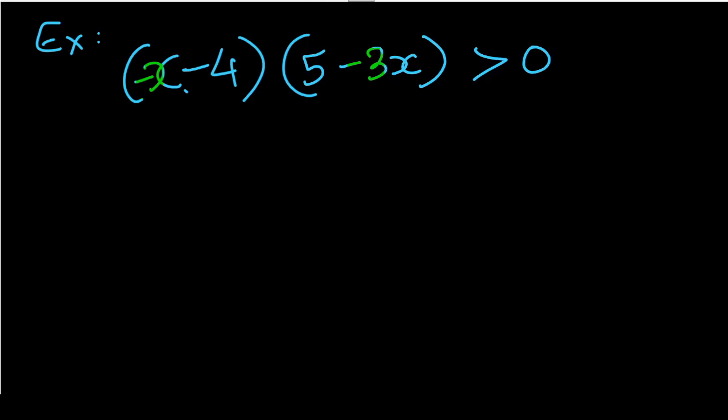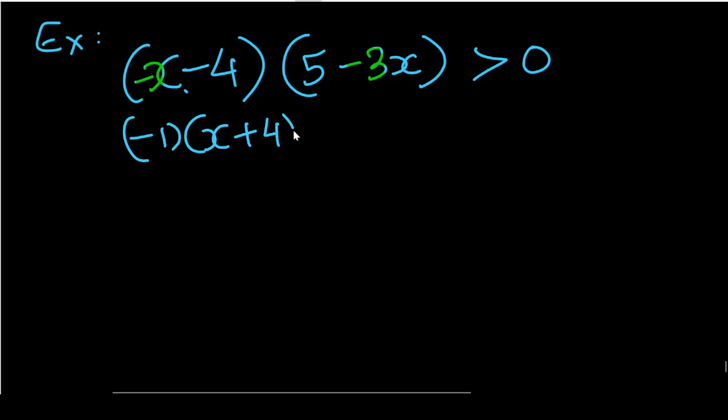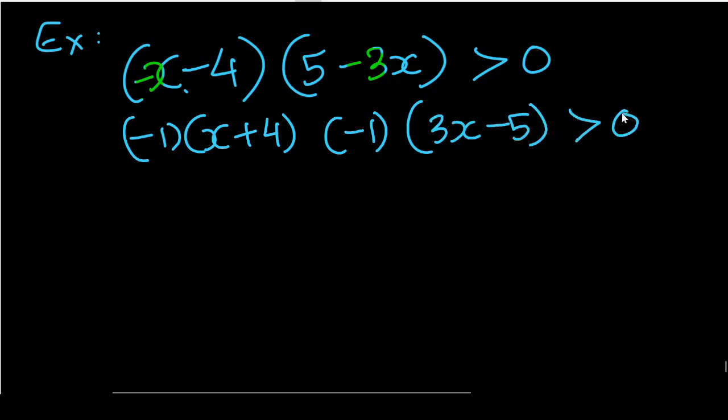So what we will do is take minus 1 common from each of them. Taking minus 1 out of the first, it becomes x plus 4. Taking minus 1 out of the second, it becomes 3x minus 5. This is greater than 0 as it is.